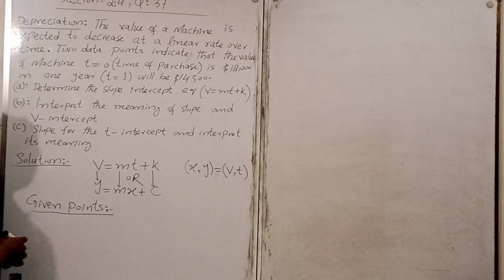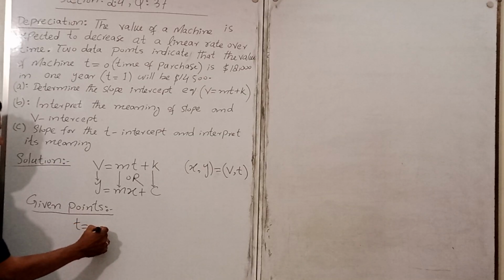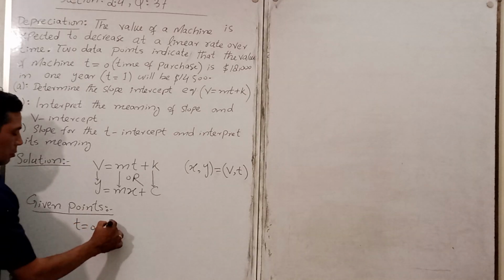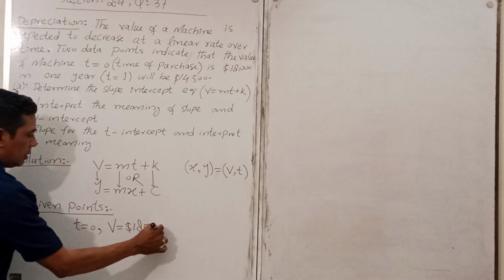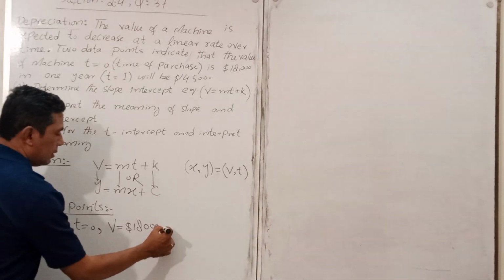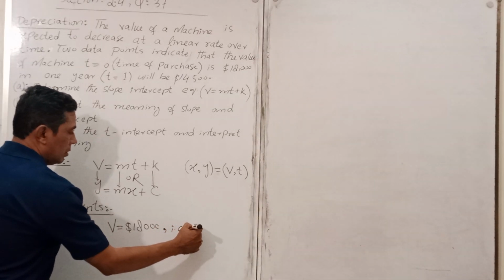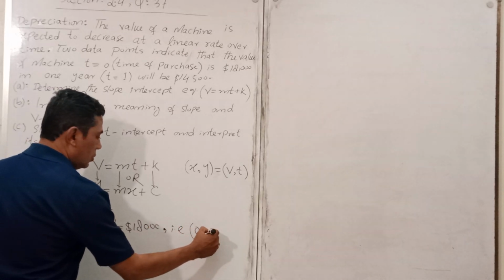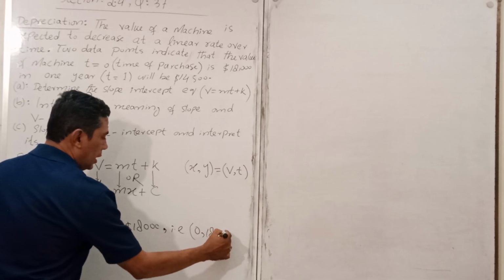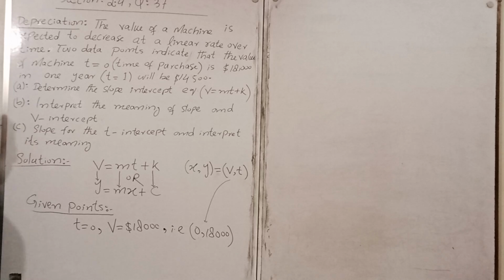So what are the given points here? t equal to 0, v is $18,000. So I can write here 0, 18,000 according to this point.